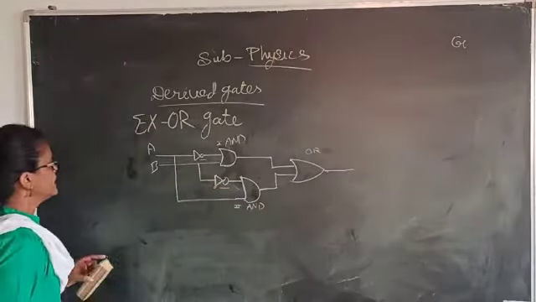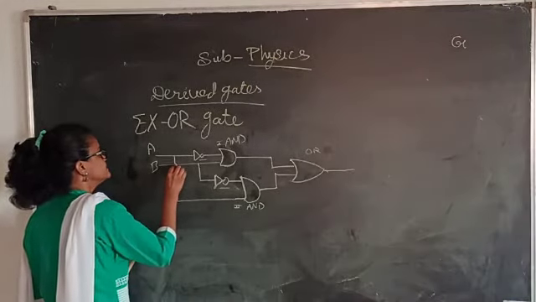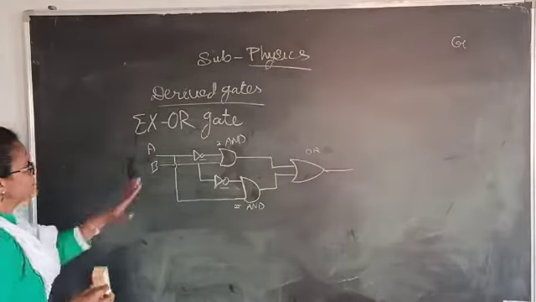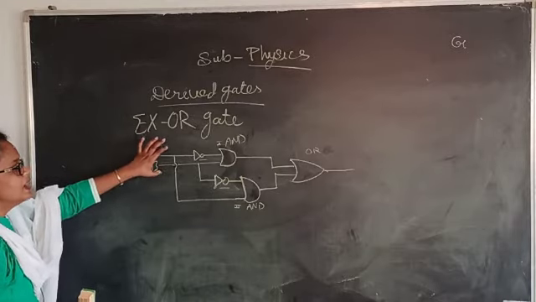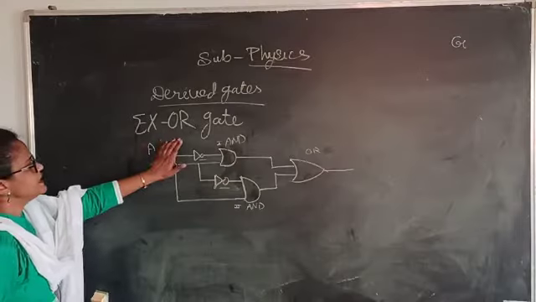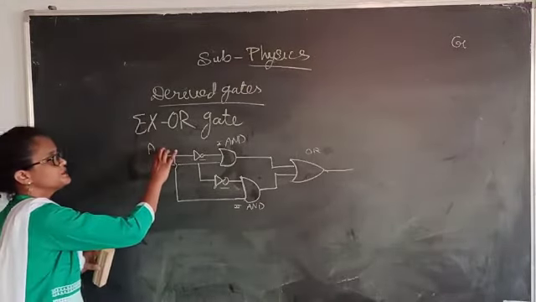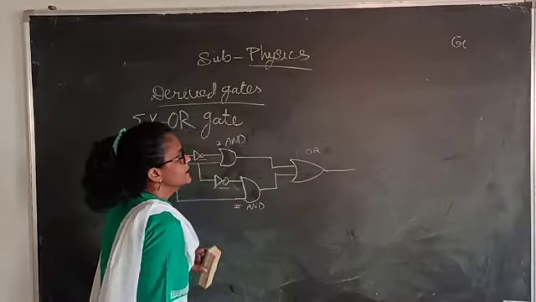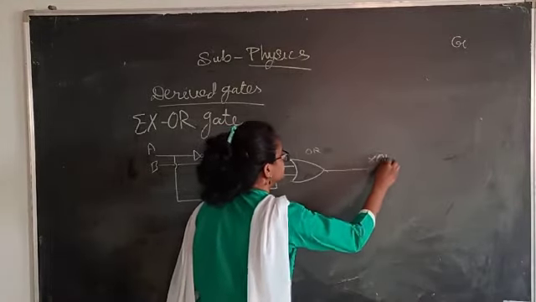You can observe that it is connected like this. From this we are going to solve our truth table by using this XOR gate. We have two inputs as usual and one output. This is your XOR.